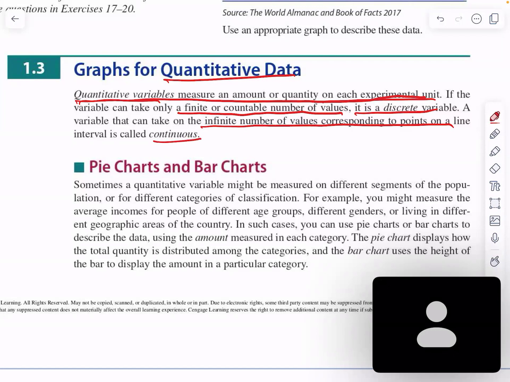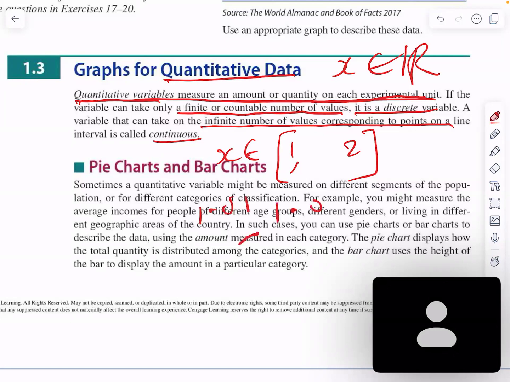Remember in class yesterday, I told you if you are on a real line, right? If X is a member of this interval, that is X is any real number that can be found on this interval, then the number of X here is uncountable. You can have 1.01, you can have 1.001, you can have uncountable real numbers in that interval.